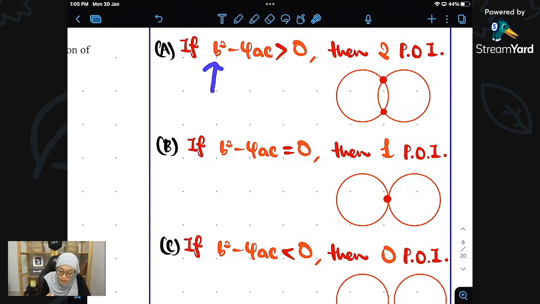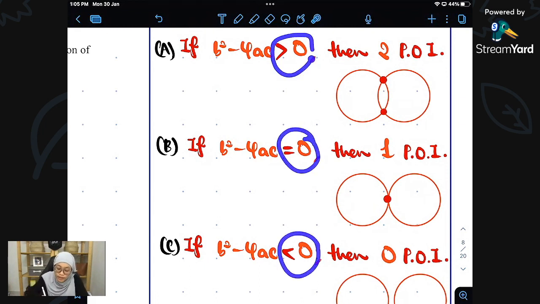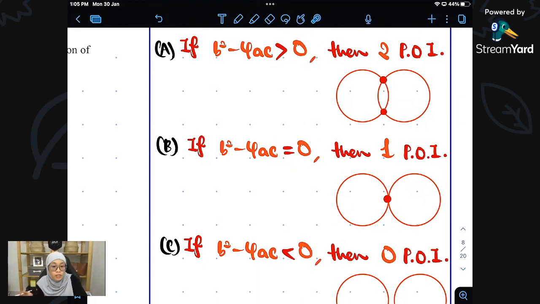You substitute in the values of a, b, and c, and calculate it, and see whether it's more than zero, equal to zero, or less than zero. So there are three types of condition.